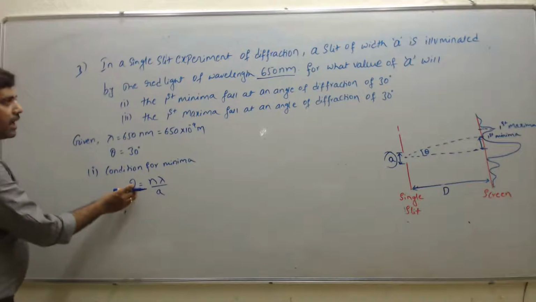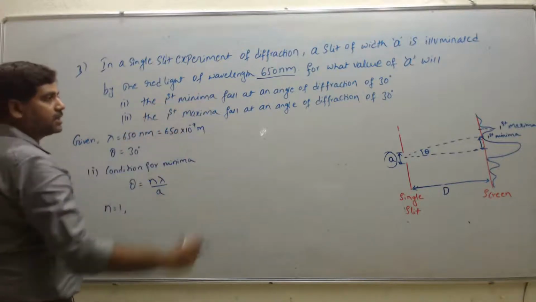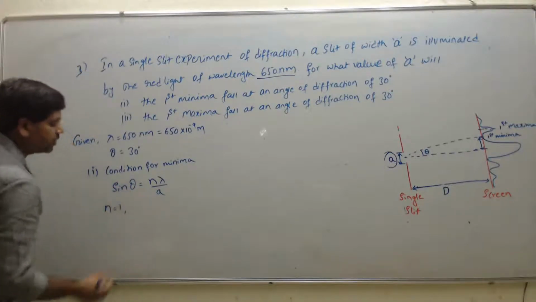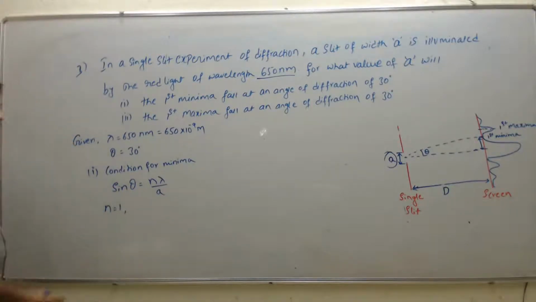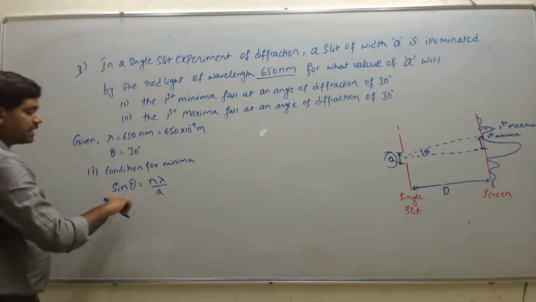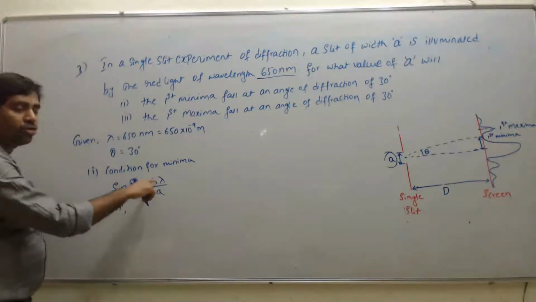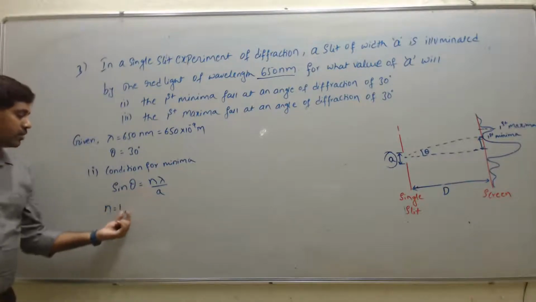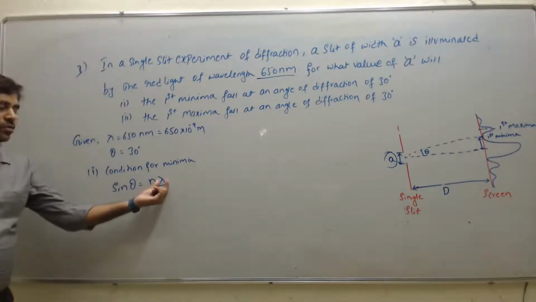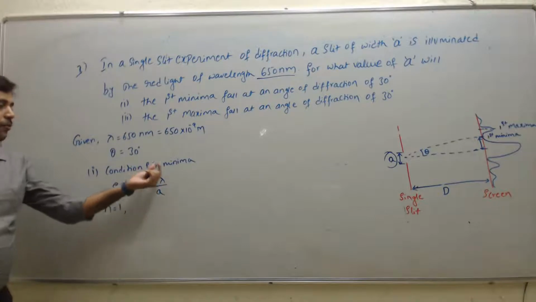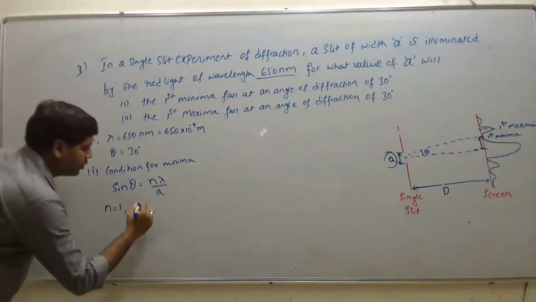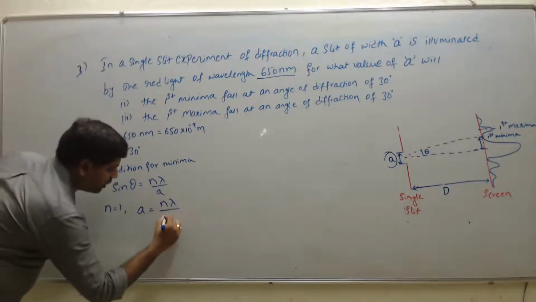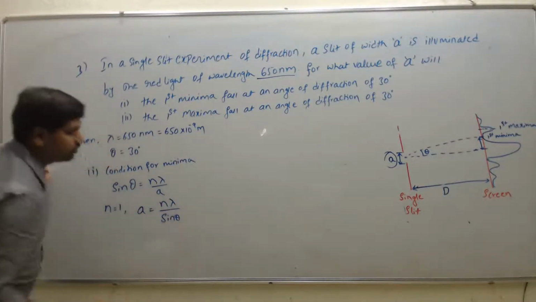The angle theta is 30 degrees. So in the derivation we took a sine theta is equal to n lambda, that is the condition for the minimum. If n is equal to 1, then a sine theta is equal to lambda is the condition for the first minimum. Then we need to find a, then a is equal to n lambda divided by sine theta.